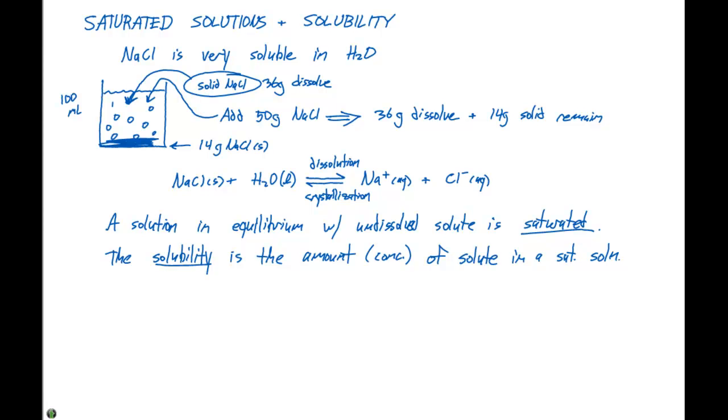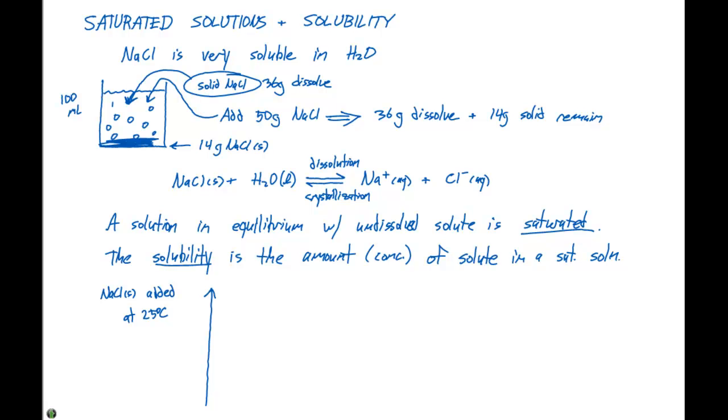So if we look at this kind of as a continuum of NaCl added at 25 degrees Celsius, we have to make sure we remember to indicate a temperature here, because the temperature is going to influence the solubility.